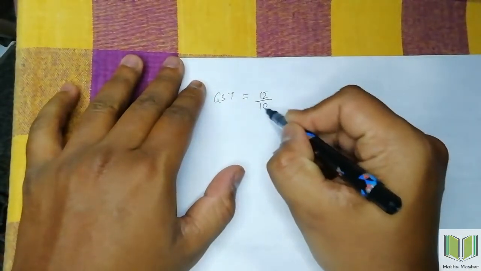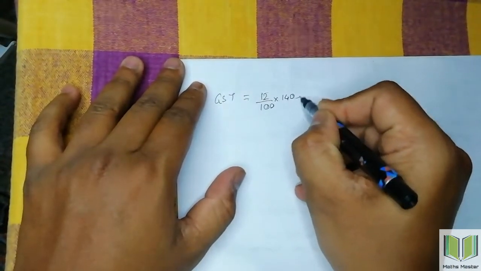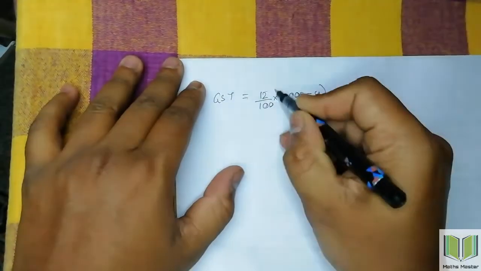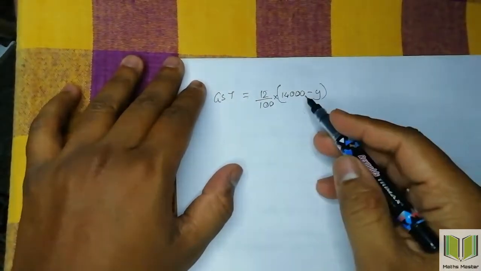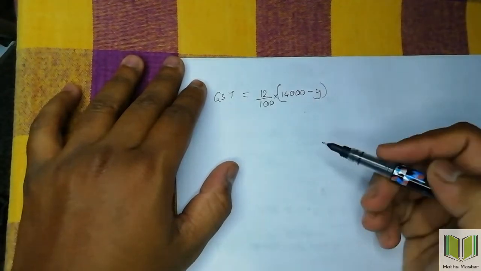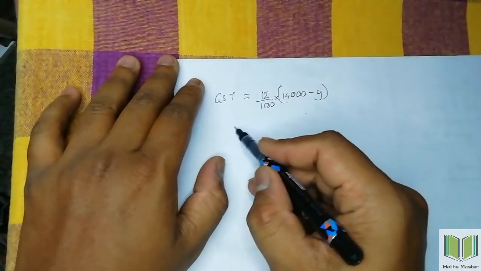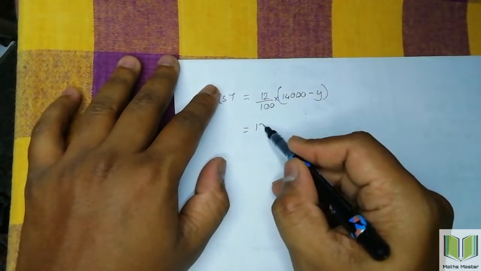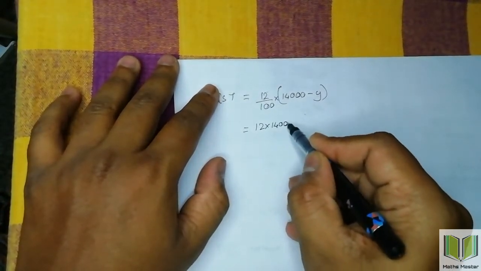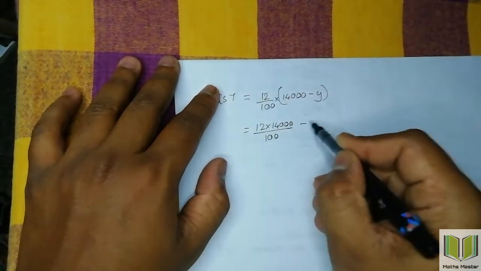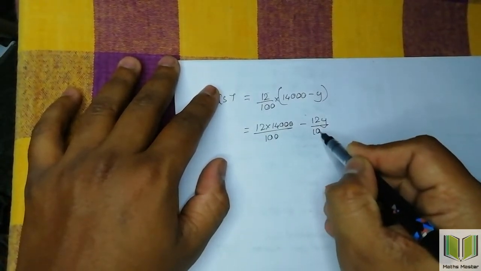12% means 12 by 100 multiplied with 14,000 minus Y. This is based on the new price, which will be equal to 12 into 14,000 divided by 100 minus 12y by 100.